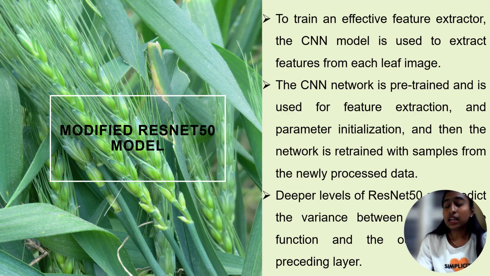So here we will train the model beforehand, so it can extract the features of the leaf. First we will introduce these images into the CNN model.